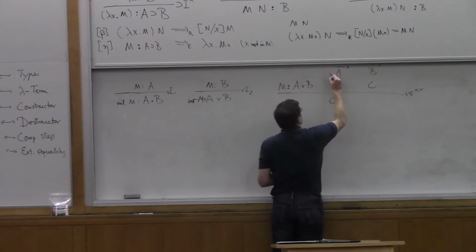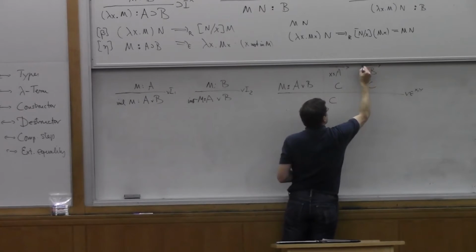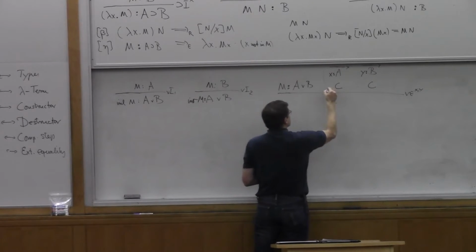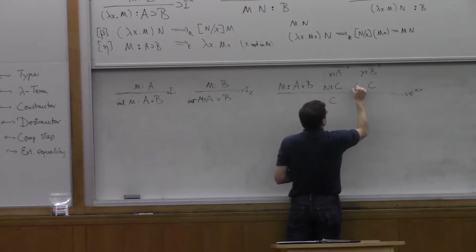But we know what to label it. That's going to be X, and this is going to be Y, by some slight abuse of notation. Then this is going to be some N, which is a proof of C, and N may contain X. And this is going to be some proof P, which is a proof of C, and P may contain Y.